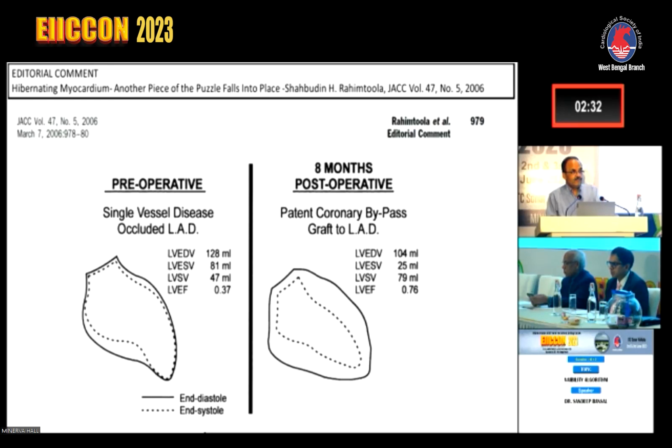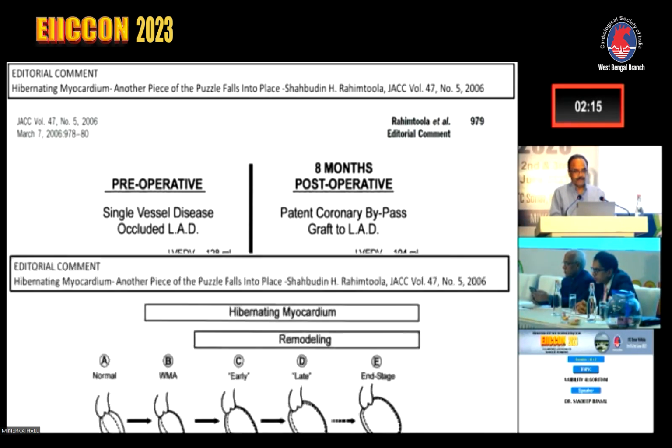And this was largely contributed to by a reduction in the left ventricular end systolic volume. So if somebody asks me what is the single most important parameter that changes, it is actually the left ventricular systolic parameters.